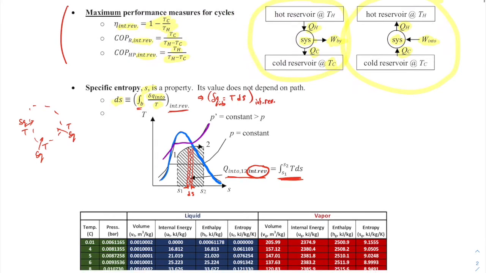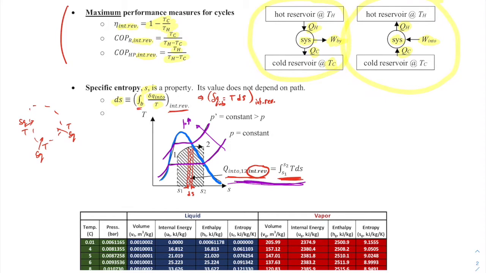So here's one isobar, here's another one, and as you go in this direction, the pressure increases. Okay, and then the path I have here from 1 to 2 is just some arbitrary path. I just wanted to show that the heat for an internally reversible process is equal to the area underneath that curve.